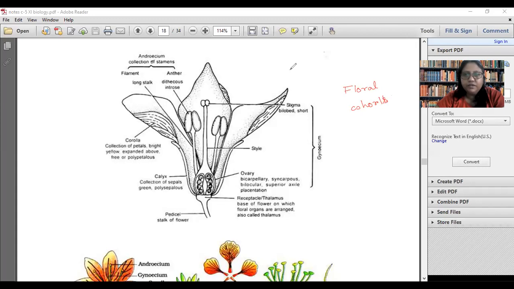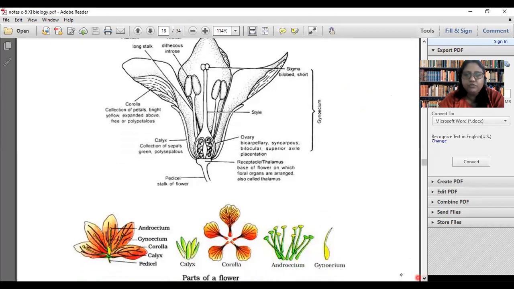If you look into the diagram of flower, it is separated and shown to you over here. The green part, which is holding the other parts and surrounding it to give it an appearance of a bouquet, is known as calyx.